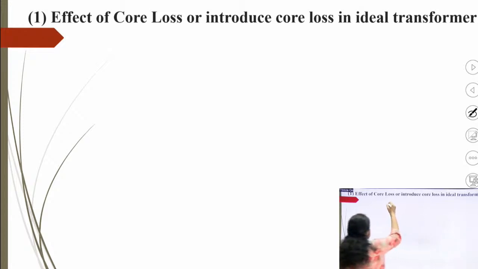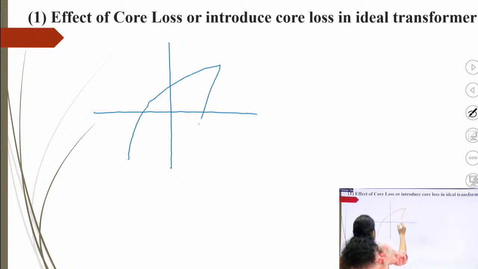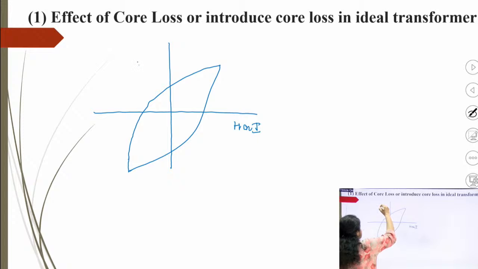So how do we introduce this in the phasor diagram? If you see the BH curve, I am drawing the BH curve of any material. This is the BH curve, with H or I on one axis, and B or phi on the other, right. Suppose this is point A, this is B, this is C, and this is D. Here H or I is the magnetizing current, and B is the flux density, or the flux.